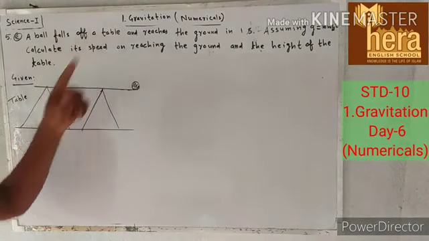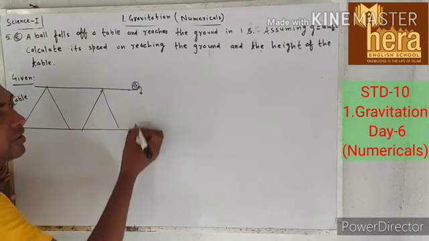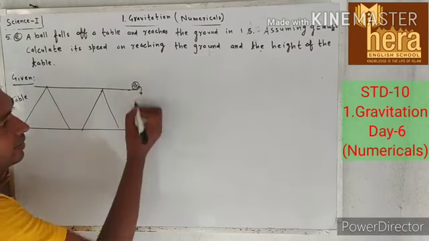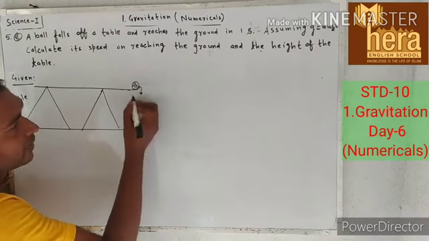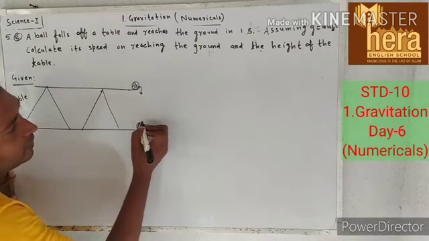How much time taken by the object to reach the ground is 1 second. That is, in 1 second this object came here. T is equal to 1 second is given.